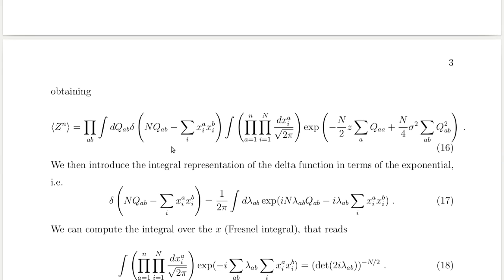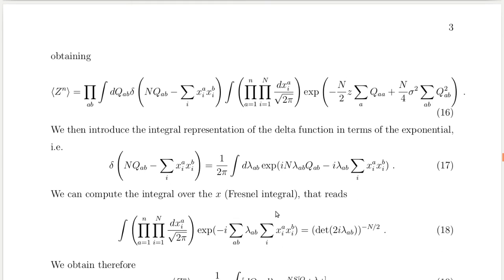What we can do is express this delta function as a Fourier integral, introducing a new variable, lambda. If we put everything together, we see that the only term that depends on the degrees of freedom x is this term, linear in lambda. So we can now integrate over x.